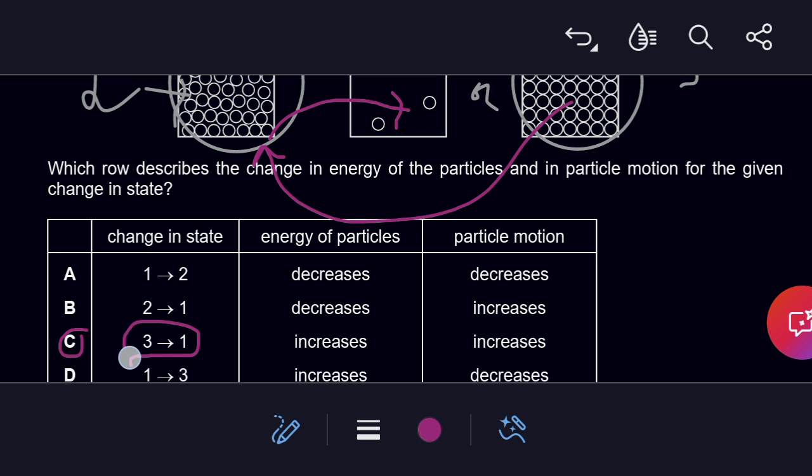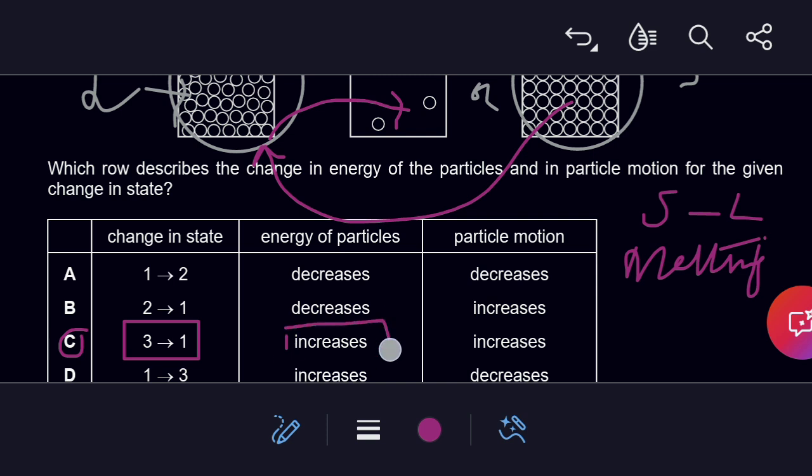So 3 to 1 is basically solid to liquid, that is melting. Alright, the energy of particles will definitely increase, and the motion of particles will also increase when you change something from solid to a liquid.